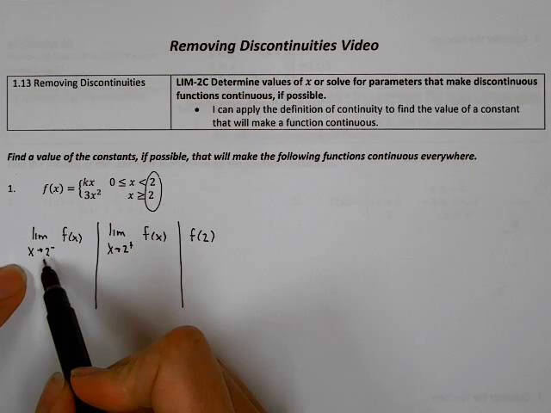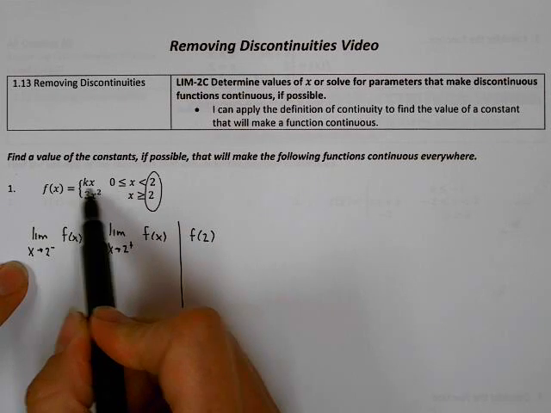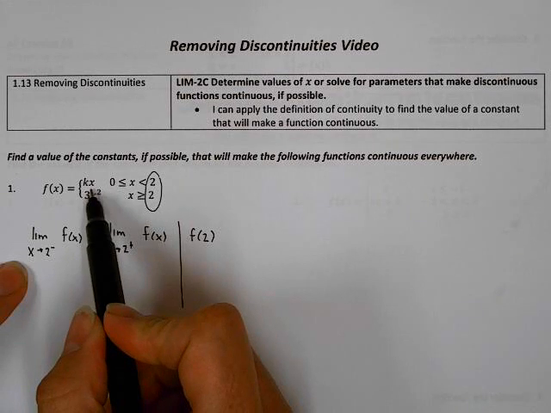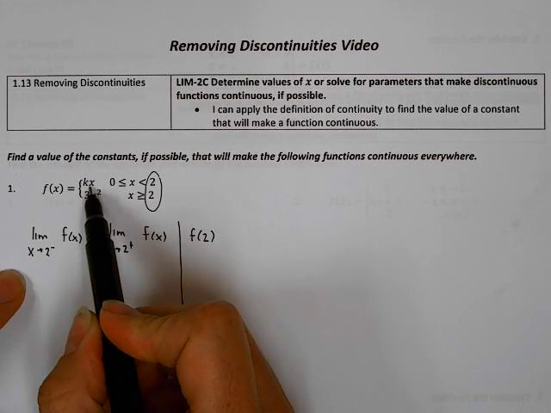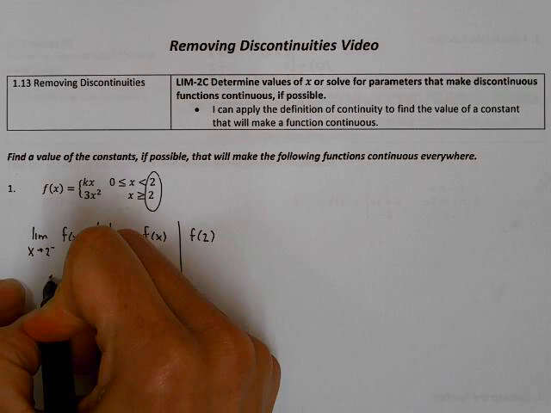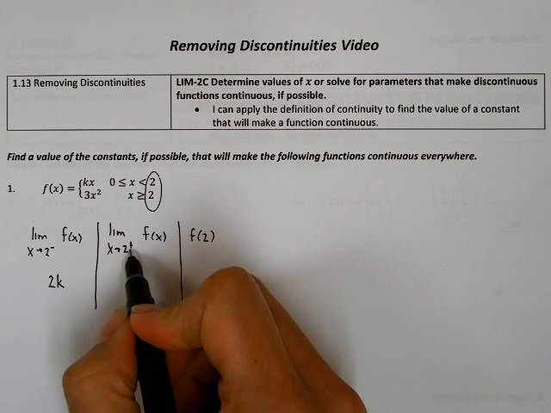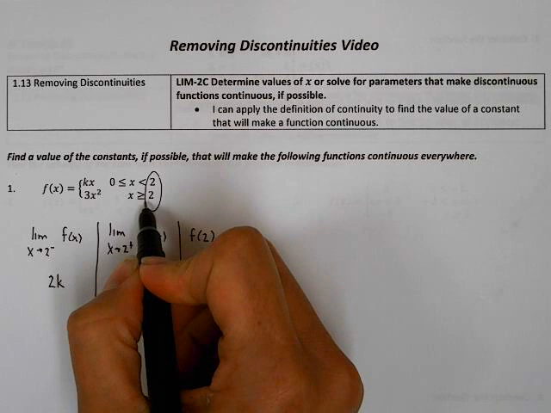If I'm checking that limit as x approaches 2 from the left, I know that's defined by this first piece of the function here. So now I'm checking my x value is 2, so I'm going to plug that in for x. So that means the limit from the left is 2k. Now the limit as x approaches 2 from the right, obviously that's for x greater than or equal to 2.